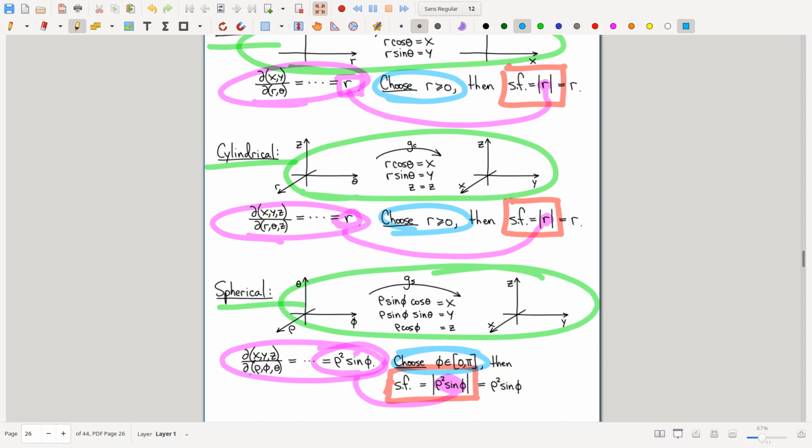And we make these choices so that the absolute values will go away. Now, I think it's pretty clear if you choose R to be positive, then the thing on the inside of the absolute values, being as it is R, will be positive, and then that stretching factor just becomes R. No absolute values necessary.